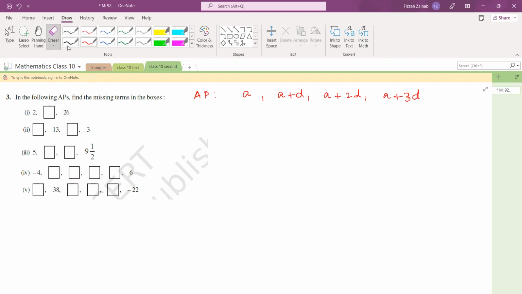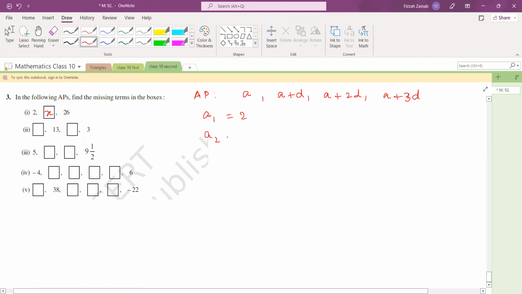Don't take it X. Let the missing term be X, right? So basically your A1 is 2, your A2 is X and your A3 is 26. This is your AP. Now, if this is an AP, the common difference is the same. So D is equal to A2 minus A1, which should also be equal to A3 minus A2, isn't it?